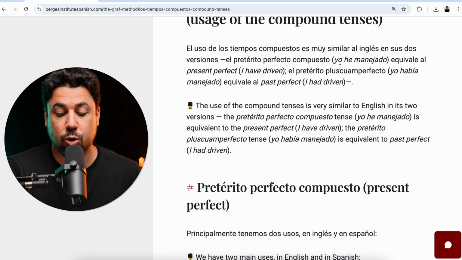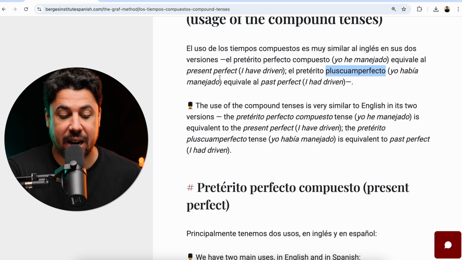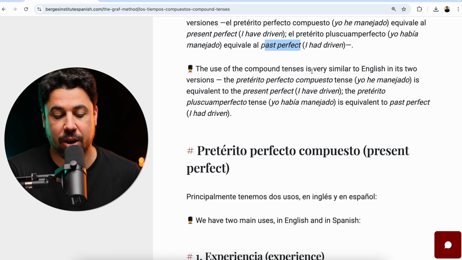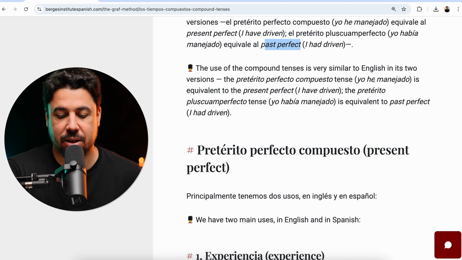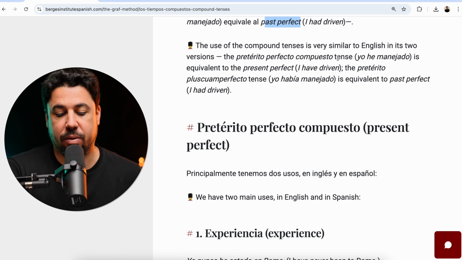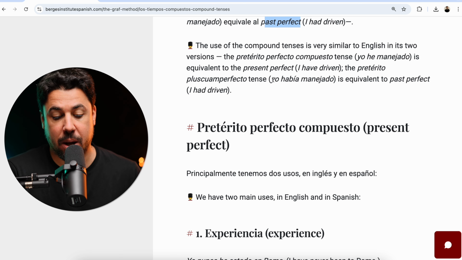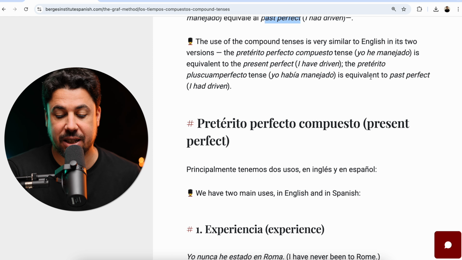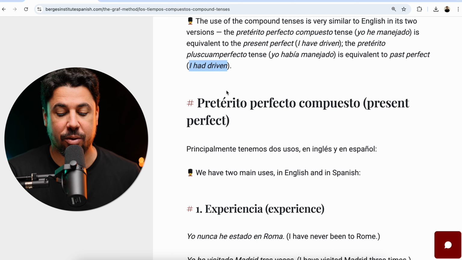El pretérito pluscuamperfecto, yo había manejado, equivale al past perfect, I had driven. So the use of the tenses is very similar. The pretérito perfecto compuesto is equivalent to the present perfect. Yo he manejado, I have driven. And the pretérito pluscuamperfecto is equivalent to the past perfect. Yo había manejado, I had driven.